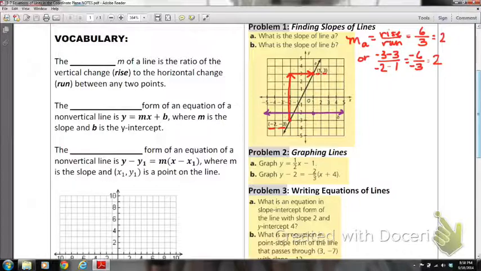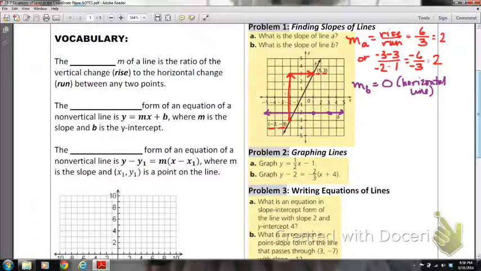So if we wanted to calculate the slope on this one, we could find a couple of points and do the calculation with the slope formula. But any horizontal line, the slope of any horizontal line, here it's line B, is going to be 0 because it's a horizontal line. Now if it had been a vertical line, the slope would have been undefined. But any horizontal line, the slope is 0.